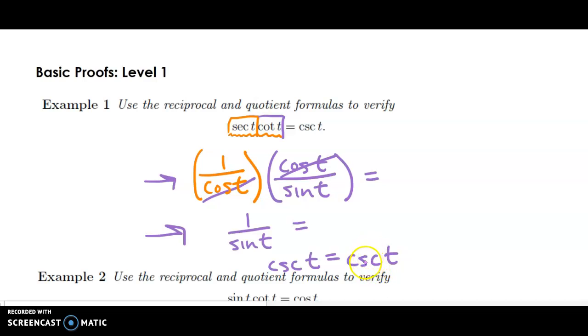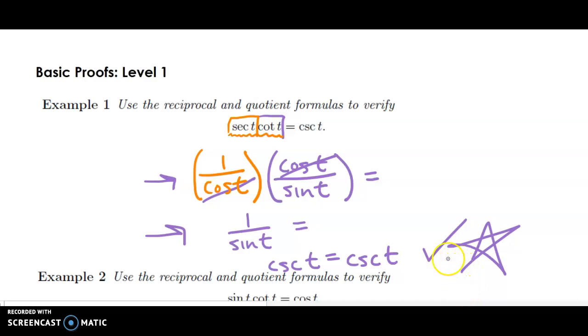One last thing that we need to do in order to say, hey, I am done with this, I have proven that these two things are equal to each other, is a sign off. That can either look like a big check mark, you can draw a star, you need to have some sort of sign off telling me that yes, I have proven the sides of this equation to be equal to each other.